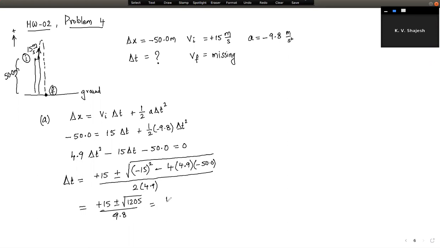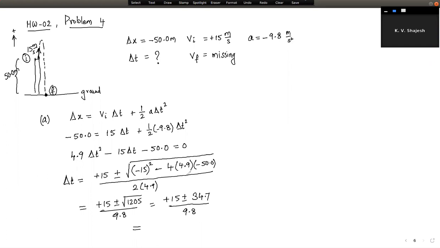So it's plus 15 plus or minus 34.7. I should have only two sig digits at the end because 9.8 has only two sig digits. The least number of significant digits is what you keep, and that's equal to the two solutions. So one is 15 plus 34.7 divided by 9.8.